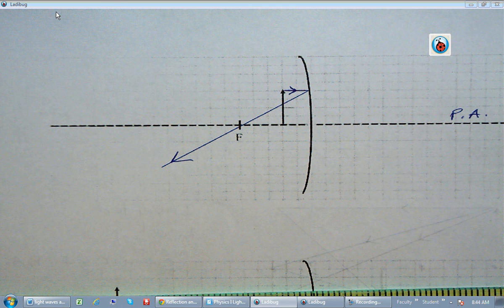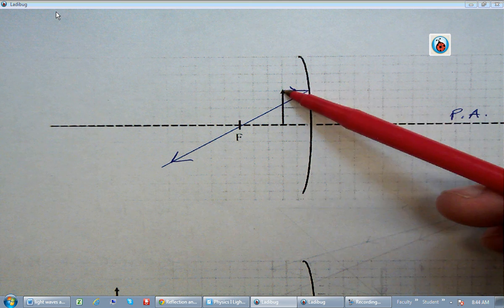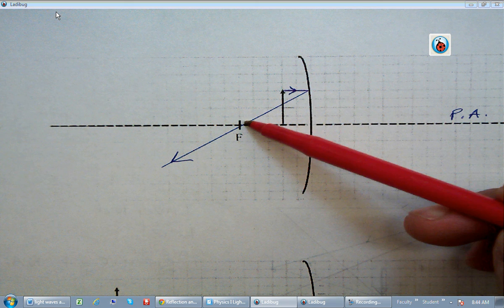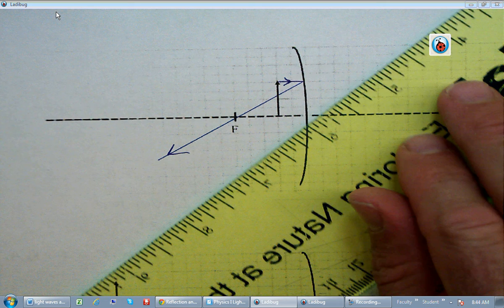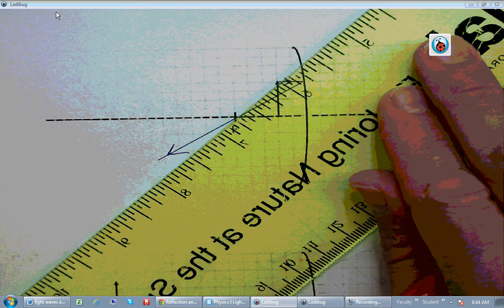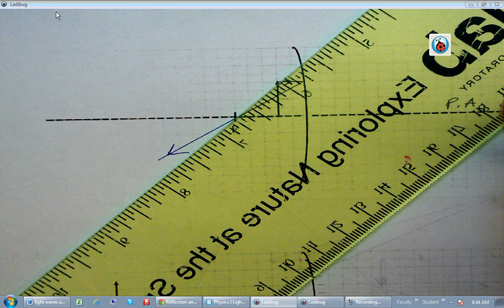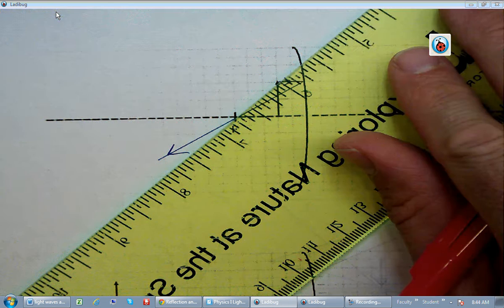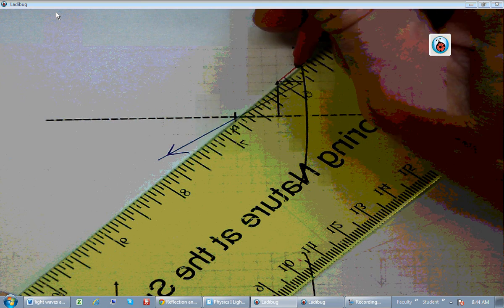Now in this case, you say, well, it's got to go through the focal point on the way to the mirror, but the problem with that is to go from the arrowhead to the focal point, you're going the wrong direction. So you're not going to hit the mirror, but there's still a ray that will go towards the mirror that comes from that direction. So look how I'm putting down my ruler here. It coincides with the focal point here and the top of the object here. And so I draw a ray coming off of the arrowhead heading towards the mirror again.